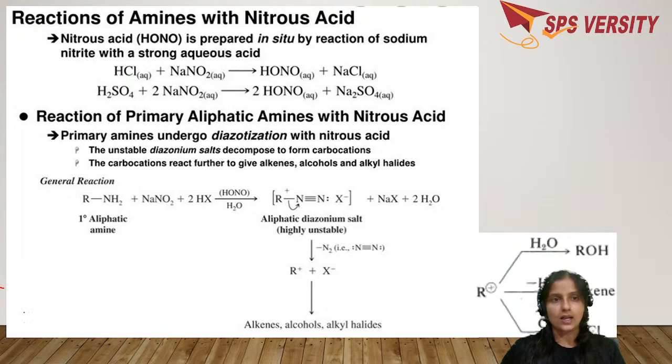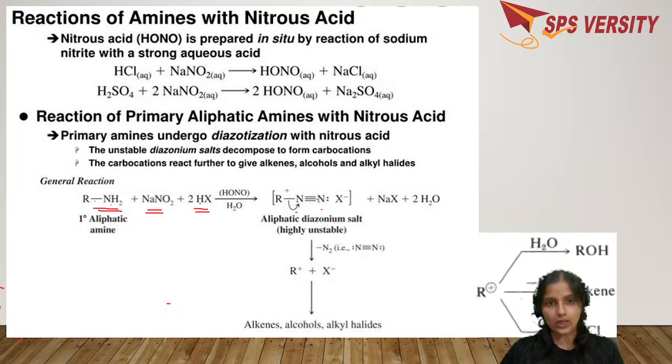How is this reaction done? Sodium nitrite reacts with HCl to give HONO, that is nitrous acid. So the primary aliphatic amine, in the presence of NaNO2 and acid, NaNO2 and one molecule of acid react to give HNO2. That HNO2 reacts with the primary aliphatic or aromatic amine, and that gives the diazonium salt.